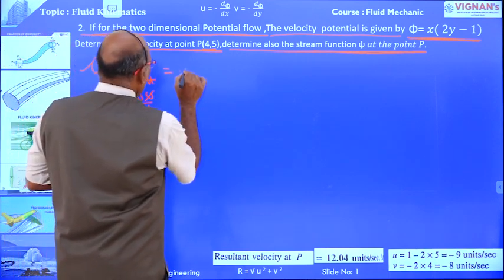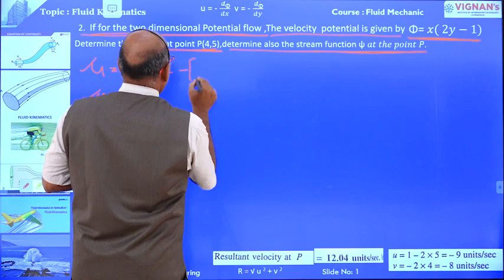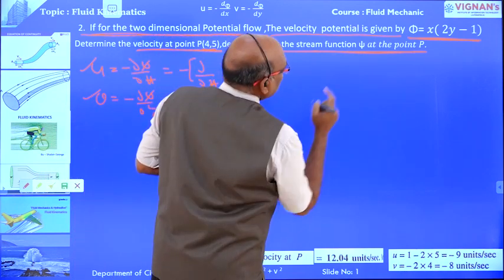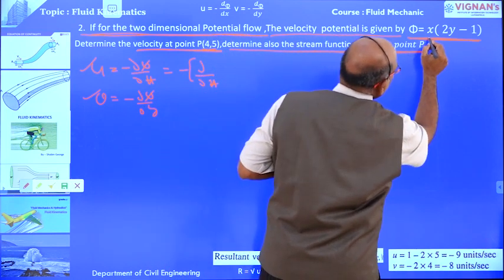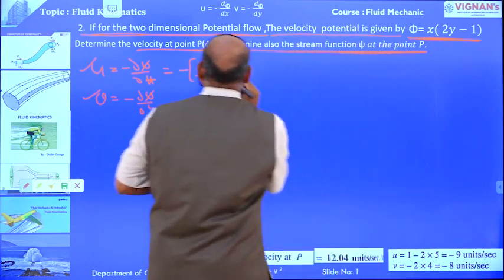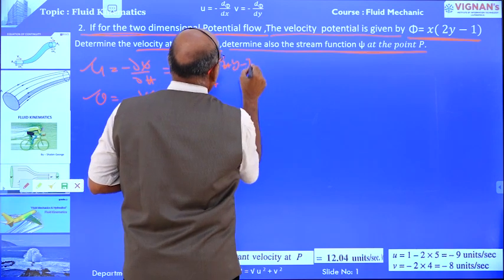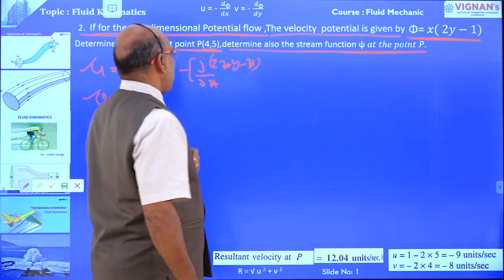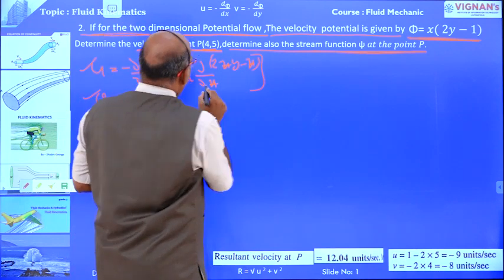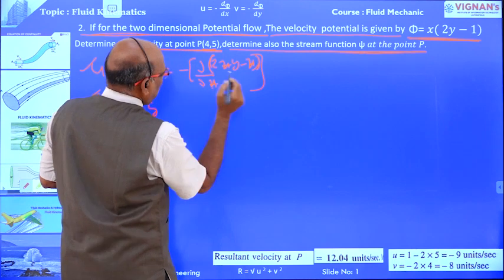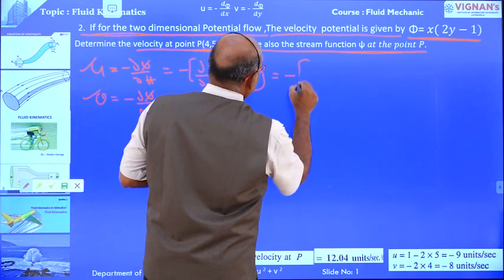This is equal to minus of dou phi by dou x of, what is the phi value? That is 2xy minus x. This is the phi value. Now differentiate this phi value with respect to x.